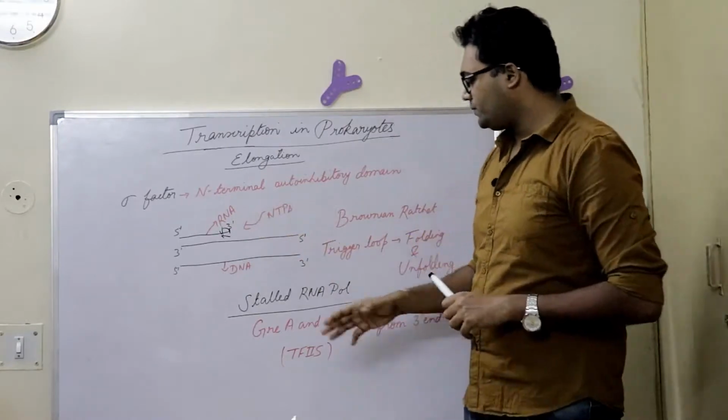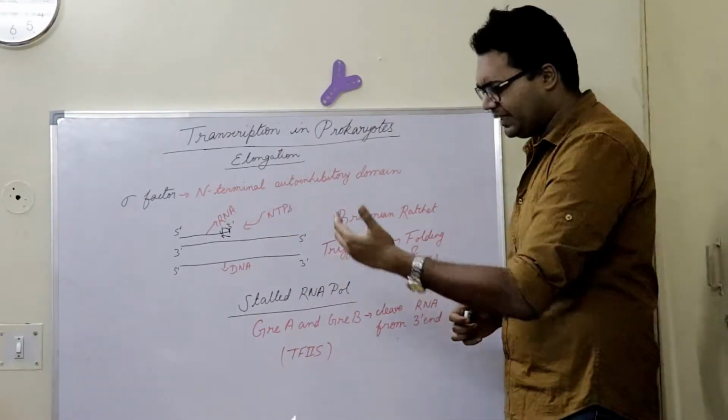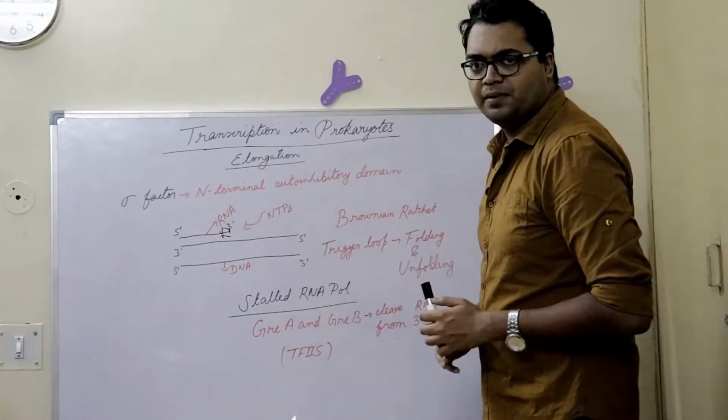Now, the next thing is stalled RNA polymerases. Stalled means it hits an abrupt end. It ceases. How does it stop?